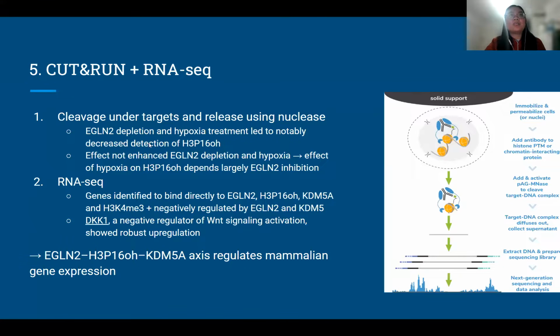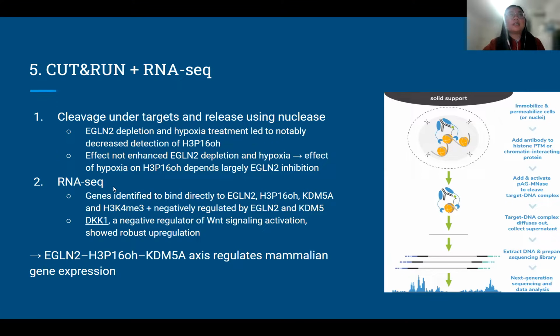Basically, what happened was they found that EGLN2 depletion led to notably decreased hydroxylation levels of proline 16, and that effect is not enhanced by EGLN2 depletion. So that means it's actually EGLN2 inhibition which plays into the effect of what we noticed during hypoxia.